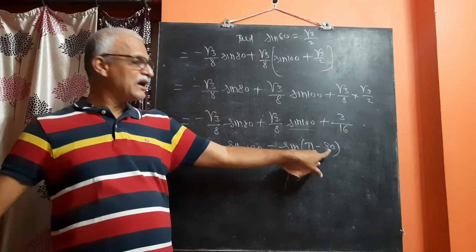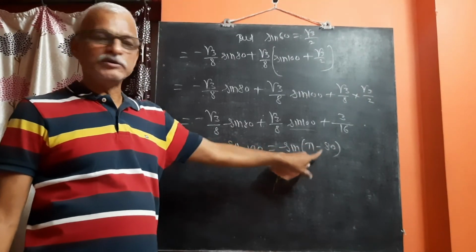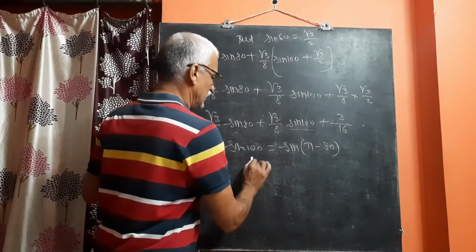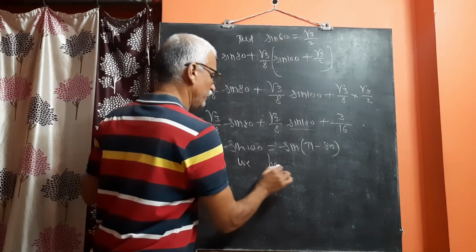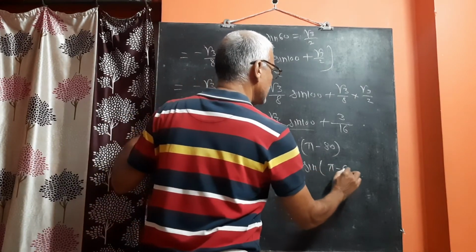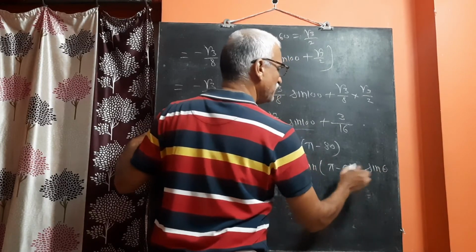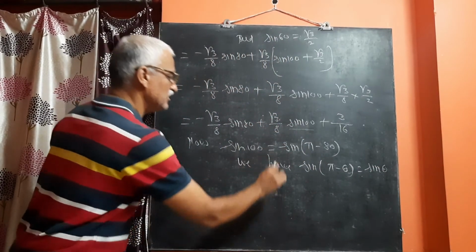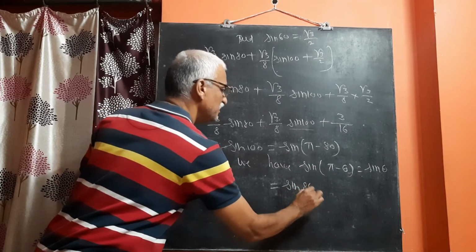Now for sin of pi minus 80, we use the allied angles formula: sin of pi minus theta is equal to sin theta. So sin of pi minus 80 means sin 80.